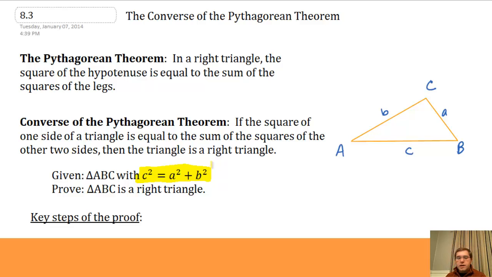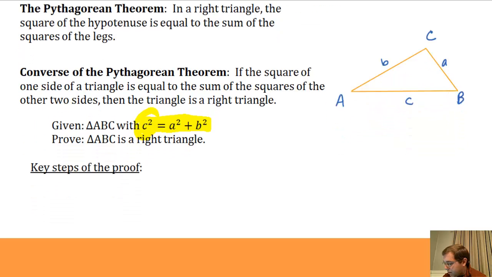So C squared equals A squared plus B squared. I have to start with that information. I have to know that my triangle satisfies that formula. This converse then says, in fact, it is a right triangle. Triangle ABC is a right triangle, where angle C, because it's opposite side C, would be the right angle.